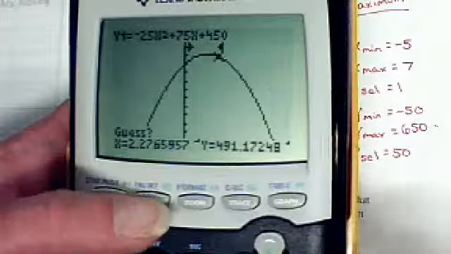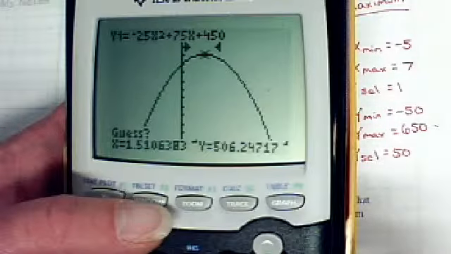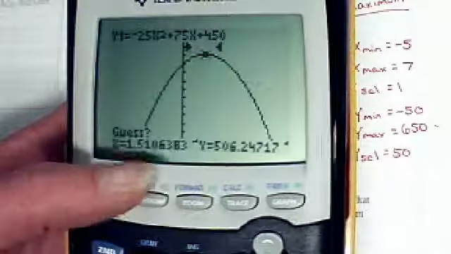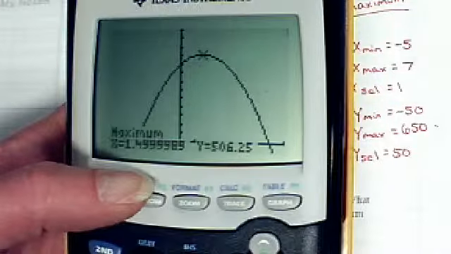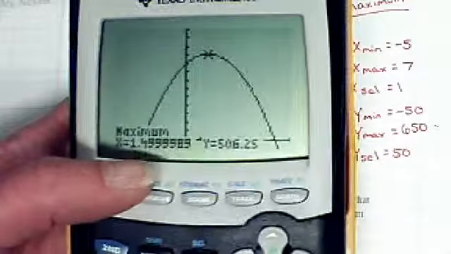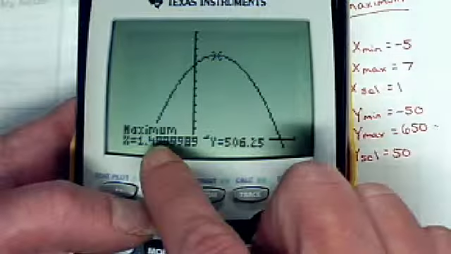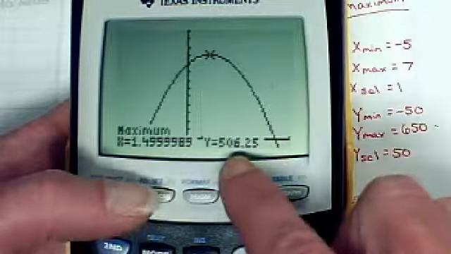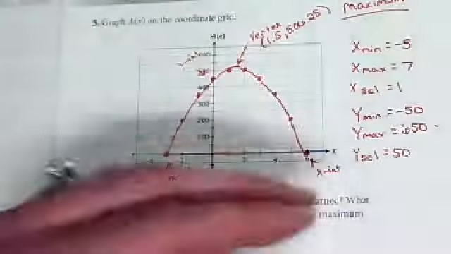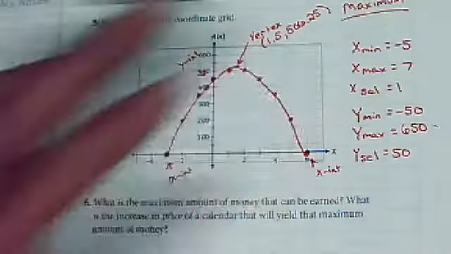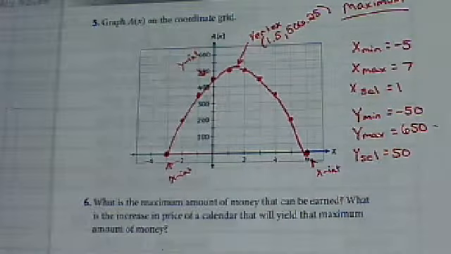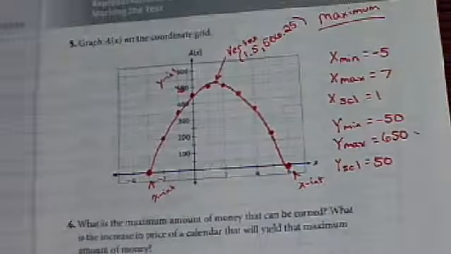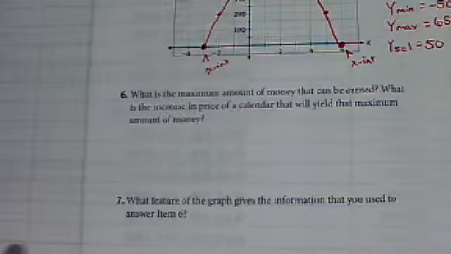Now it says, would you like to guess? I think it's about there. And I'm going to press enter. It now tells me my maximum is at 1.49999, basically 1.5, and the y value that goes with it is 506.25. 1.5, 506.25. We got the same thing by changing the table or by using the maximum function.